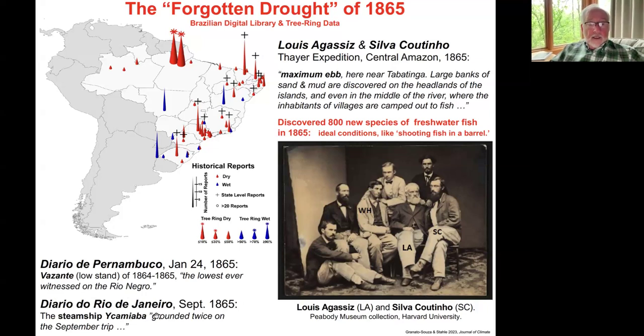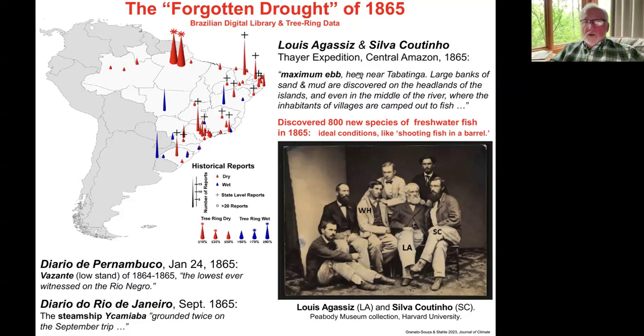Or the Diário de Rio de Janeiro: the steamship Icamiaba grounded twice on its September trip. Louis Agassiz, the famous professor at Harvard University, went with Silva Coutinho, his Brazilian colleague, on a theological expedition to study fish into the central Amazon in 1865.